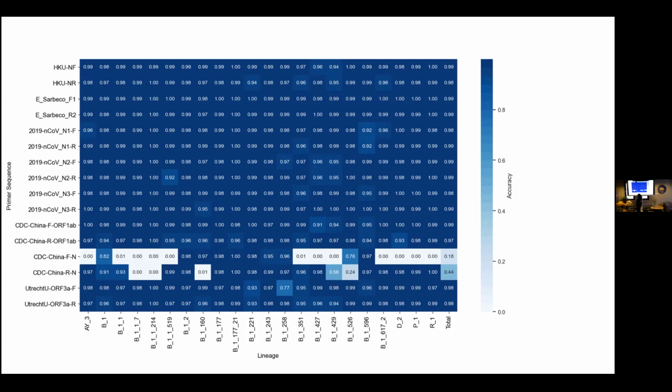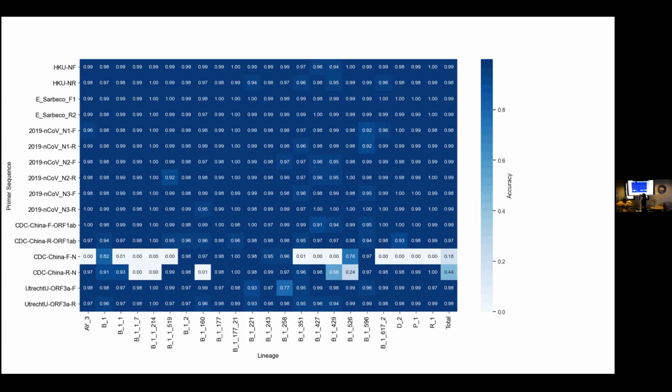These ones are ours. This was a variant that didn't spread a lot, thankfully. Actually, it was very few sequences, and it was basically contained to one country. But afterwards, moving forward until now, the ones that we designed continue working.